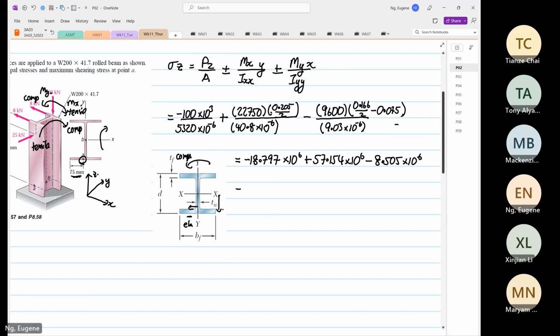So from here, we have minus 18.797 plus 57.154 minus 8.5. So it's positive 29.852 times 10 to the power 6 Pascal.